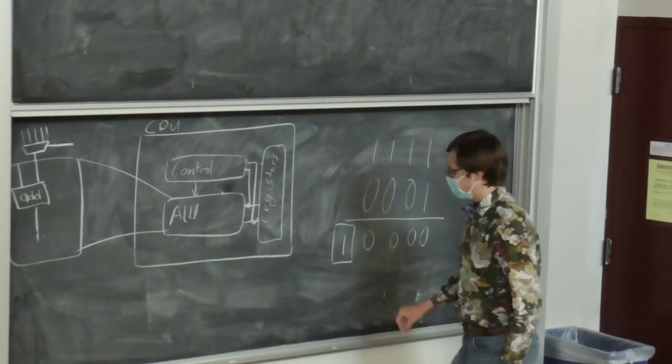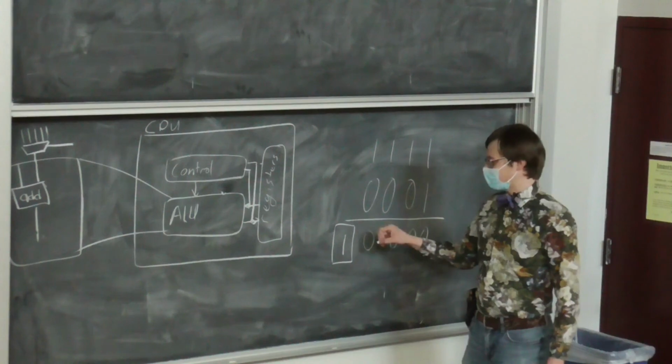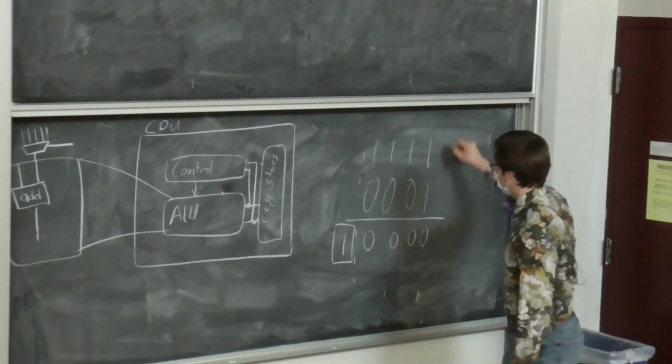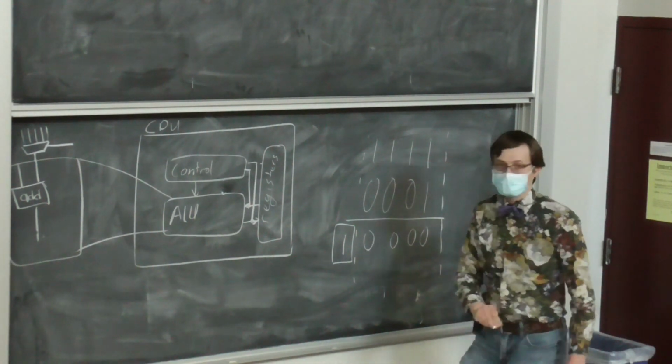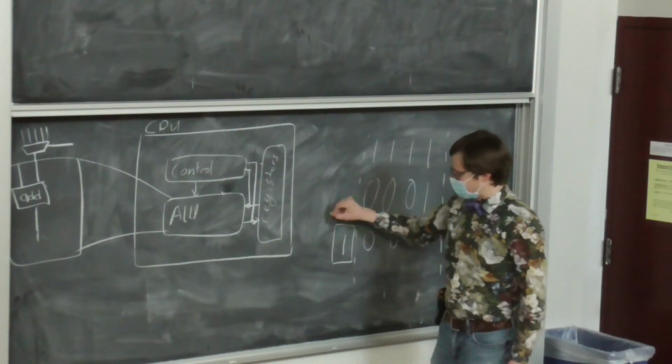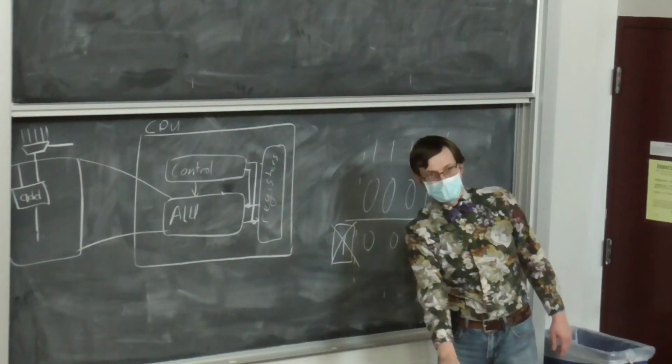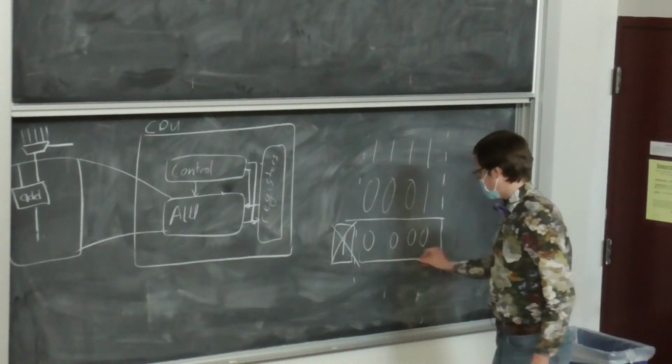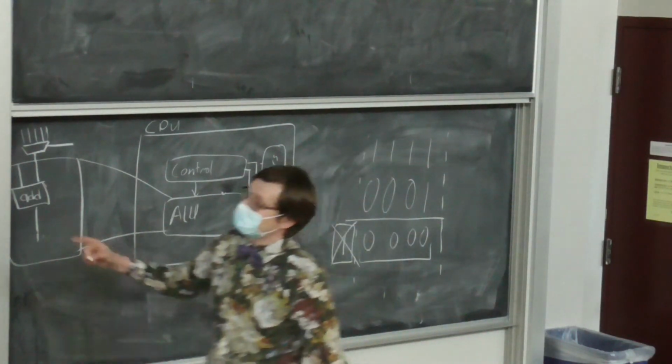But this 1 is greater than the bound of the register it's operating on, so this 1 gets dropped. It does not appear in the sum output.